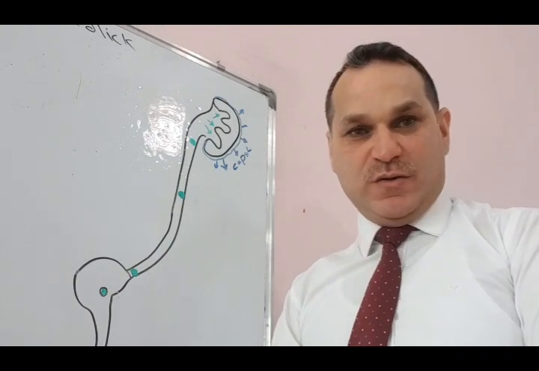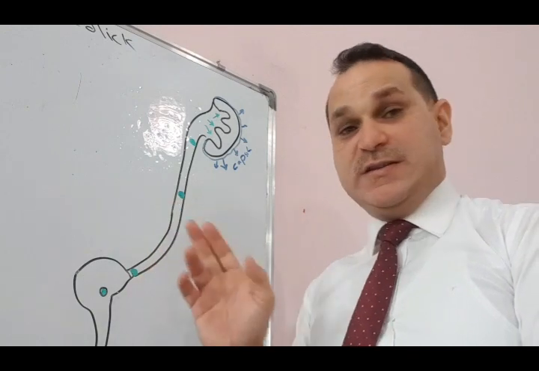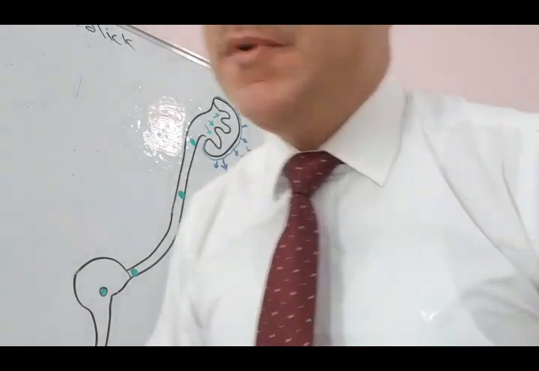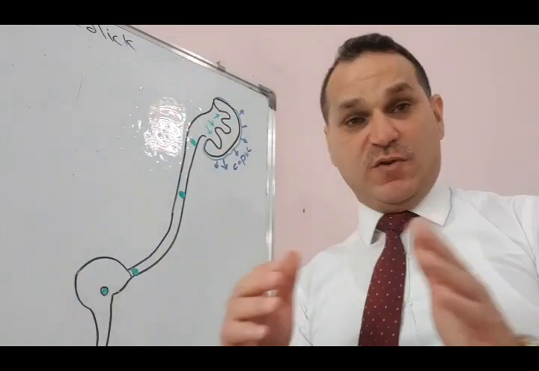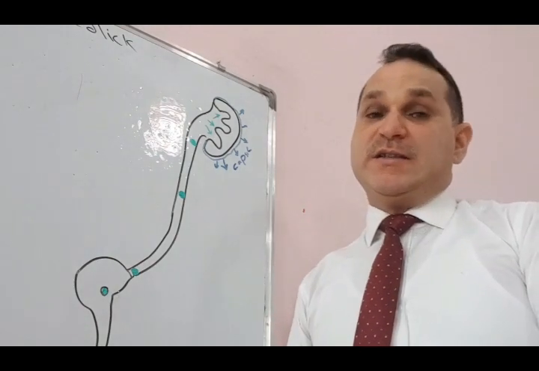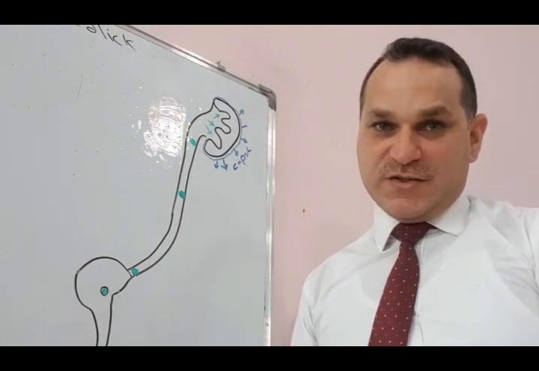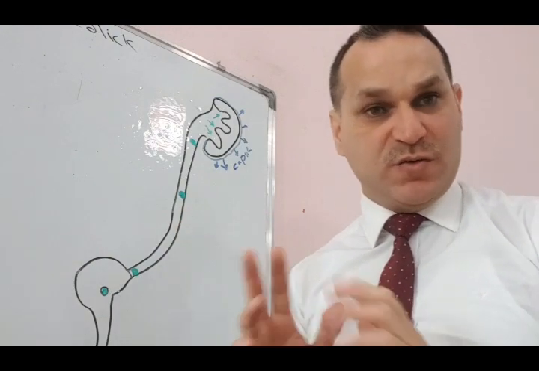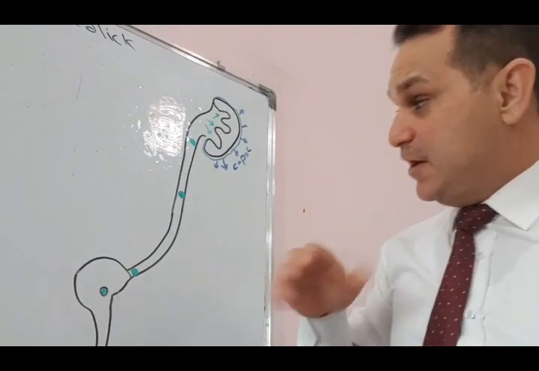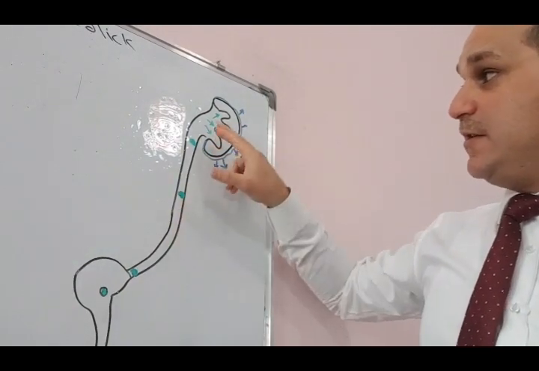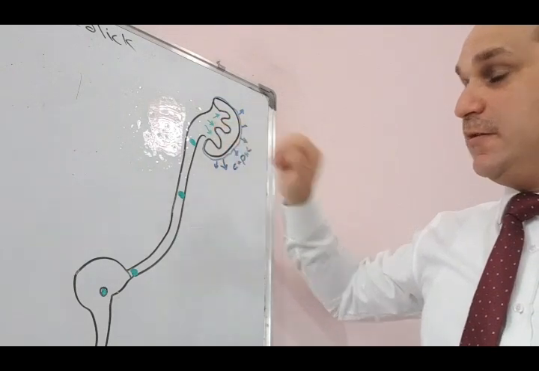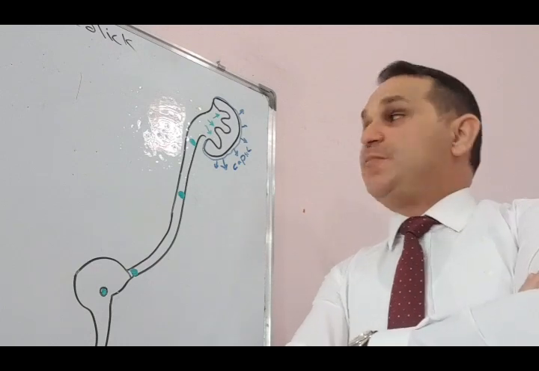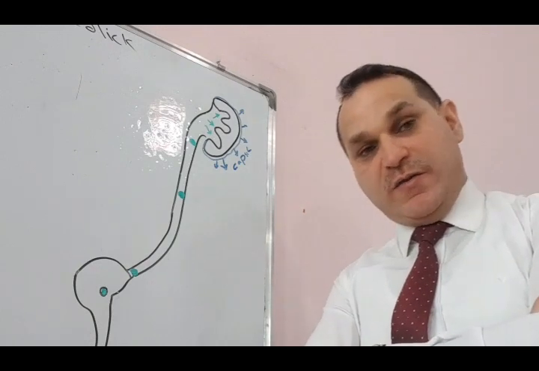But if I have a stone, maybe here, this or this, in the ureter, and impacting for a long time, more than 4 to 6 weeks, I expect there will be loss of the renal function, even if I intervene later on. Why will there be loss of the renal function? Because when there is an increase in the renal collecting system pressure for a long time, this will cause pressure atrophy of the cortex here.